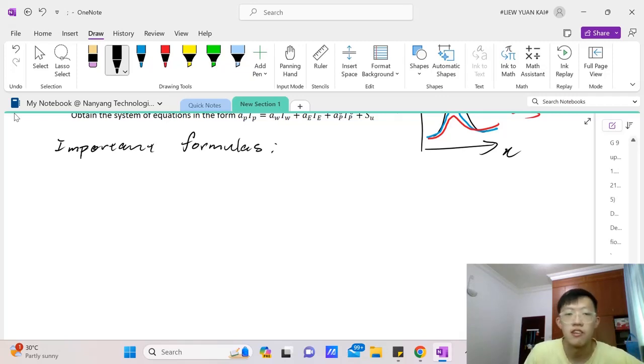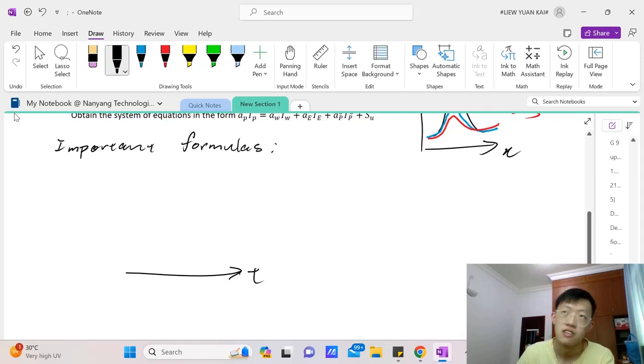The first two formulas are related to integration with time. So let's draw a graph against time. On the y-axis, let's not say phi, let's just take a general function f, any general function. Let's say we have this piece of curve. It's a very tiny segment of a curve, but I'm just zooming it in. Then we have an initial time, and delta t seconds later we have this value.